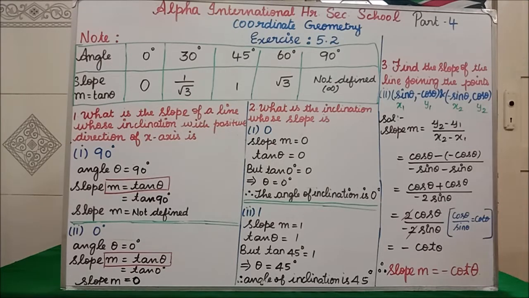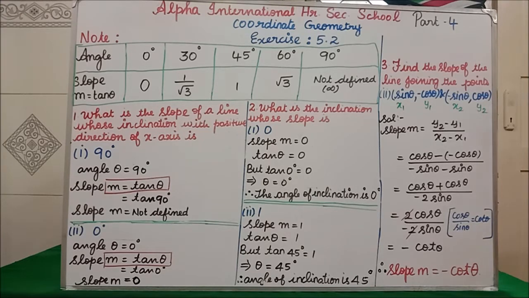Find the slope of the line joining the points. See, before, when I was giving the definition of slope, I gave you 3 formulas. What is the first formula I gave? To find the slope from 2 distinct points, I gave you one formula. For parallel lines I gave you one formula, and for perpendicular lines we saw one formula.